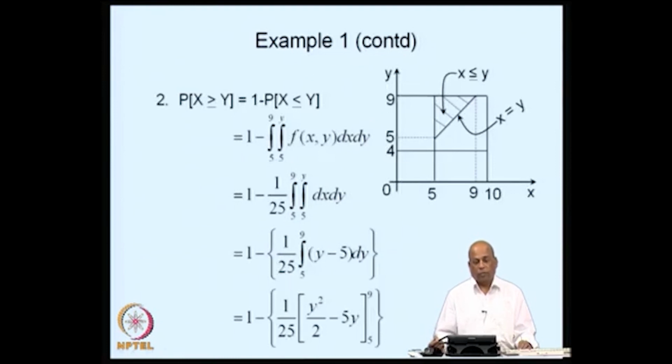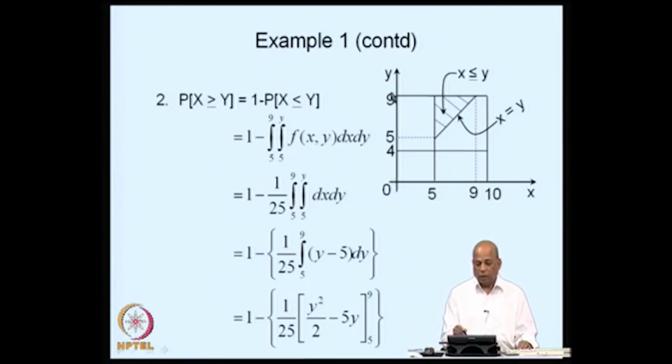Then we look at the problem: what is the probability that x is greater than or equal to y? For this, we first identify the range space over which f of x y is defined to be non-negative. Look at this figure.